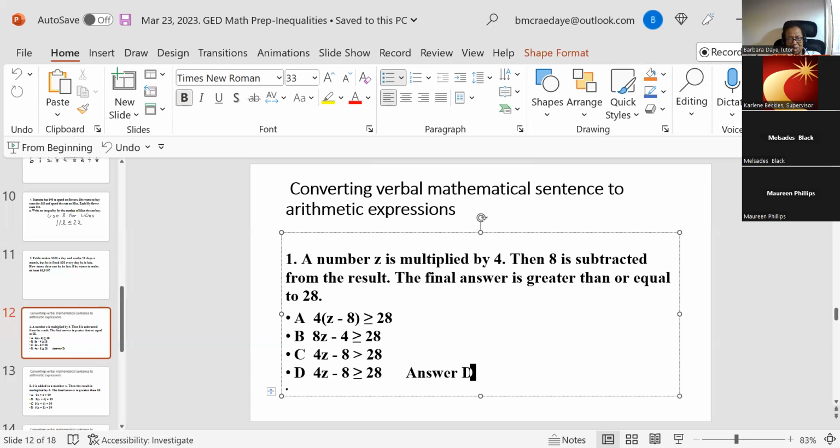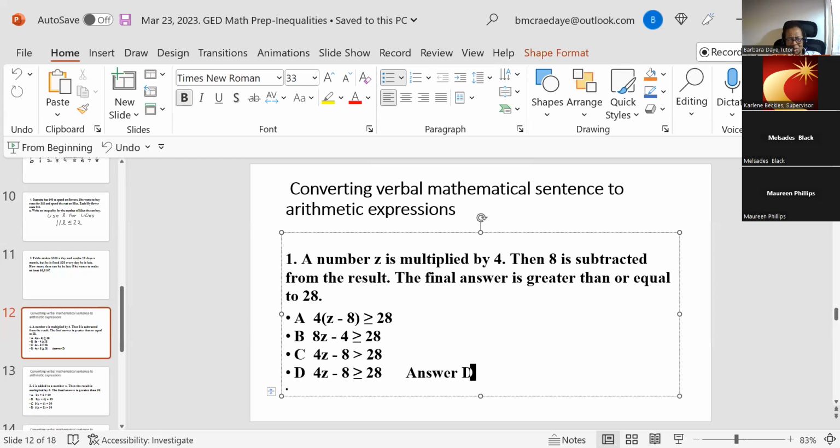Z multiplied by 4, then 8 is subtracted from the result, gives you 28, right?